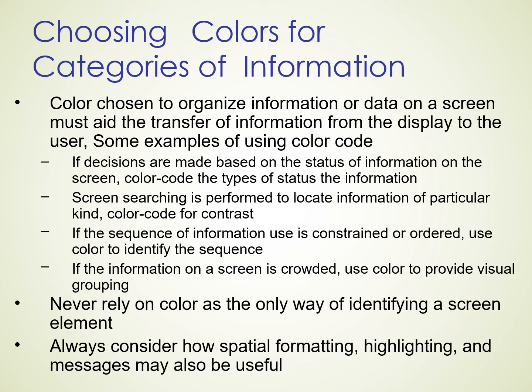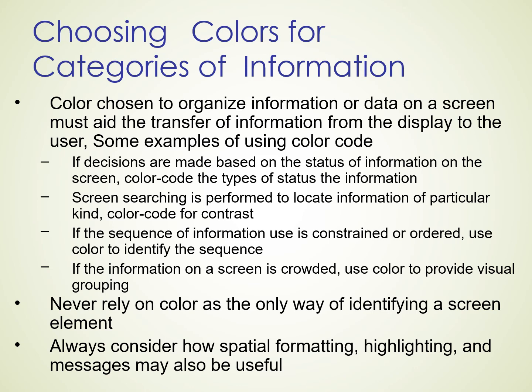Then, choosing colors for categories of information. Color chosen to organize information or data on a screen must aid the transfer of information. When you're trying to give different categories of information, you can use different color codes. For example, if you want to highlight something really important in a black and white document, maybe you could use red to show that it is very important.